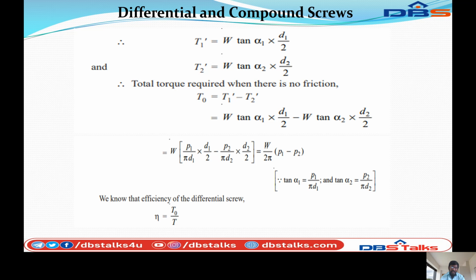By cancellation of D1 and D2 in numerator and denominator, taking 2 pi common, we get W by 2 pi into (P1 minus P2). This is the differential screw equation. So we know that the efficiency of the differential screw, efficiency eta, is equal to T0 by T.